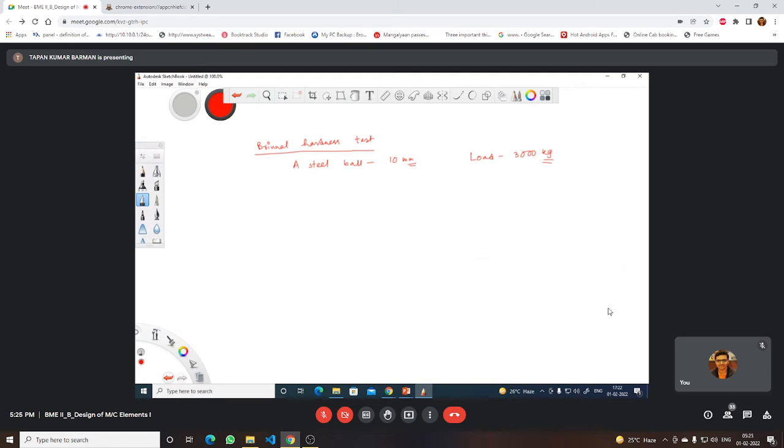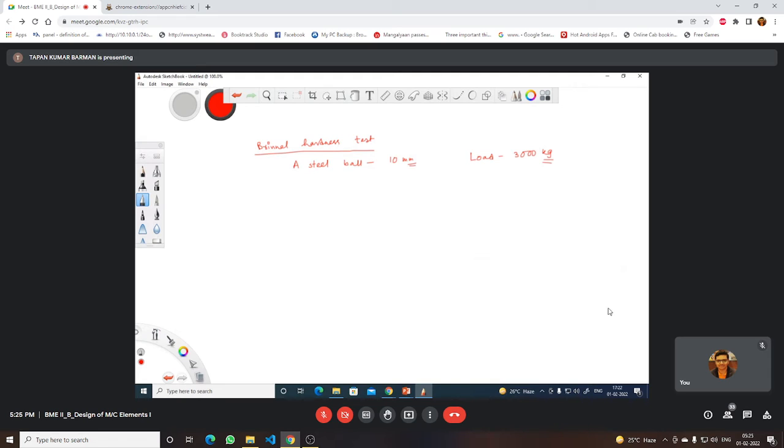If the material is very soft, then we have to reduce this load to 500 kg. Now, the load is applied with time.